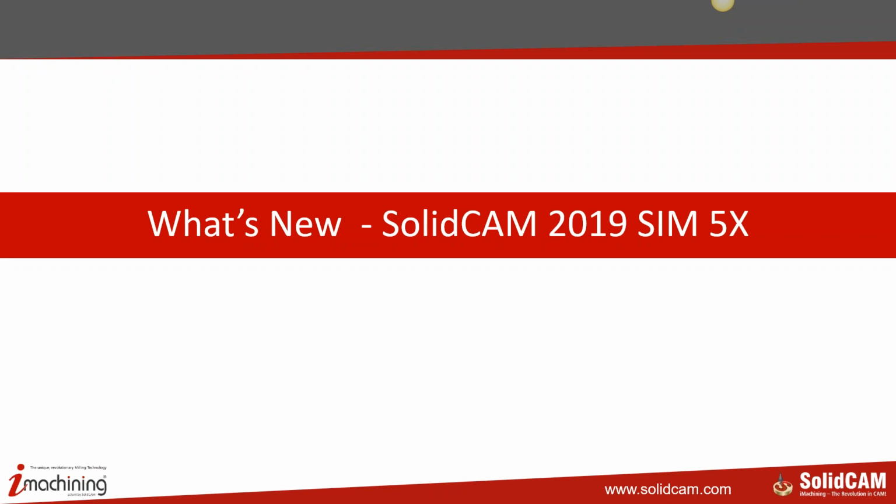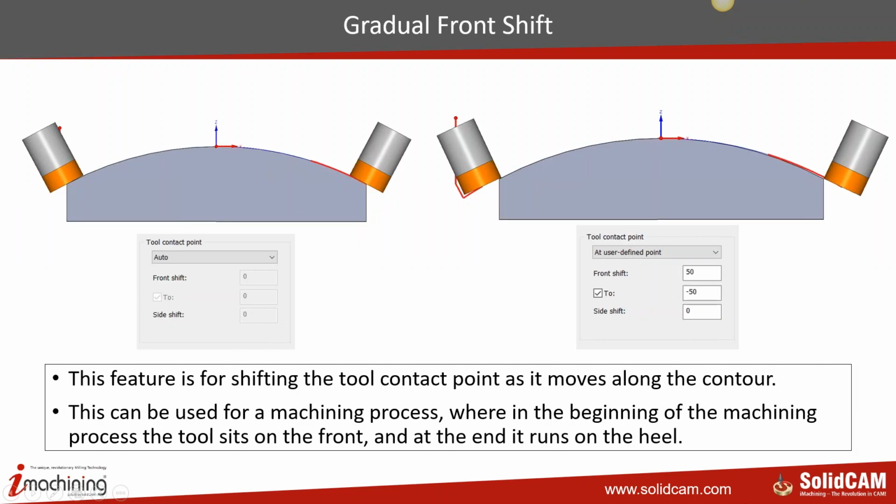In this, we are going to have some presentation and also some work. So let's begin with what's new. We introduced in 2019 in SP2 something called a gradual front shift. What it basically does is shift the contact point, which by default was only at the center.